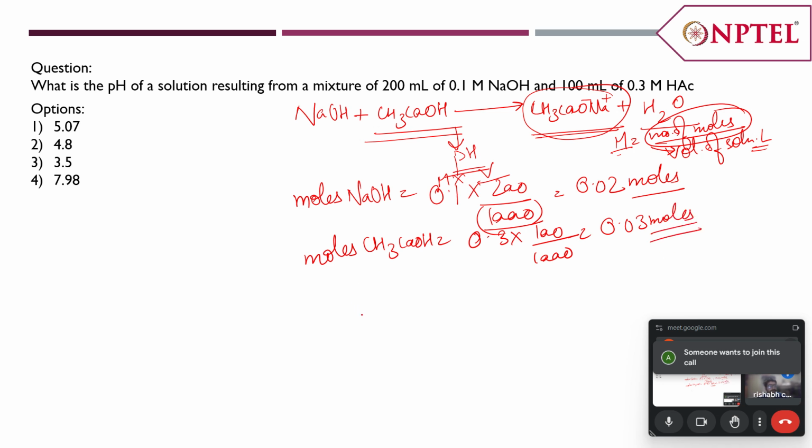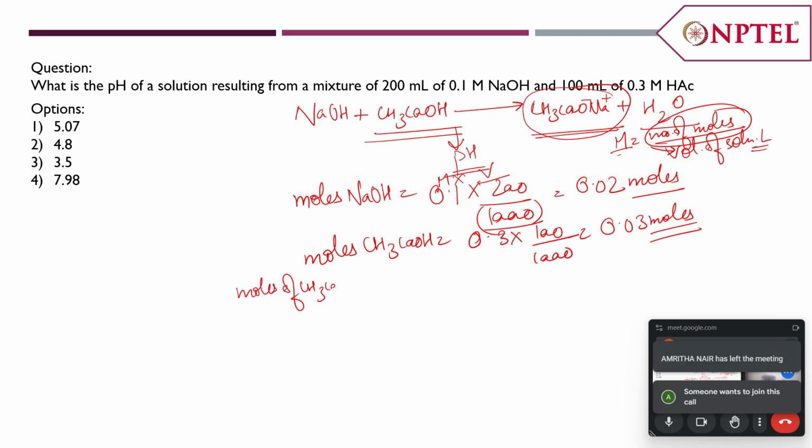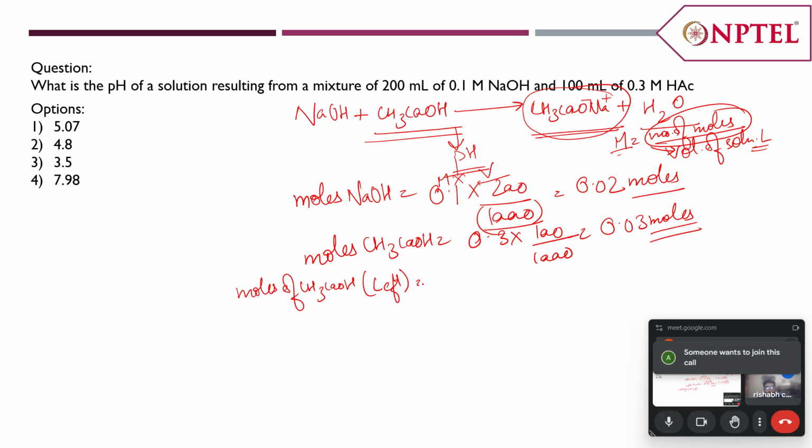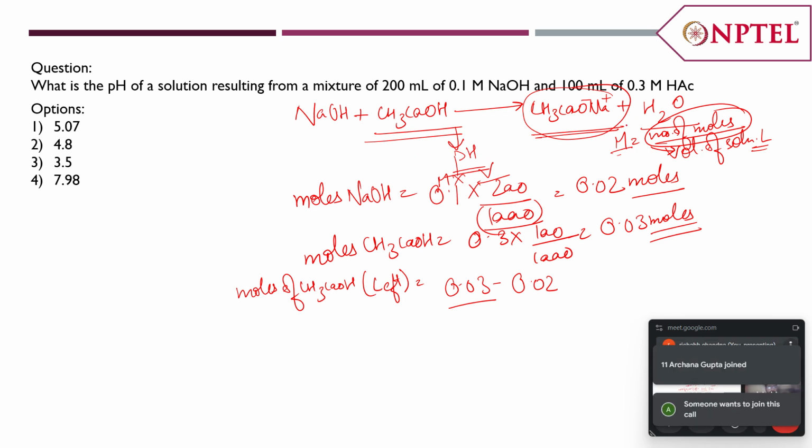Now we'll check the number of moles of acetic acid that are left. Okay, so how will we calculate that? These were the total moles of acetic acid that were present initially, and this many moles would react with NaOH to form the sodium acetate.